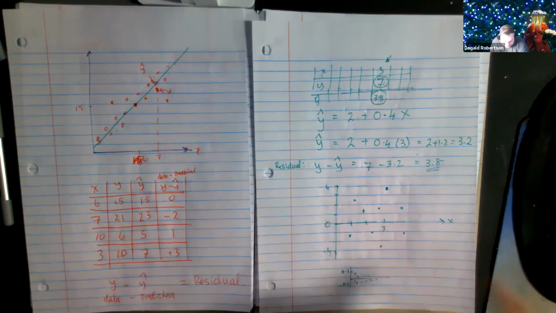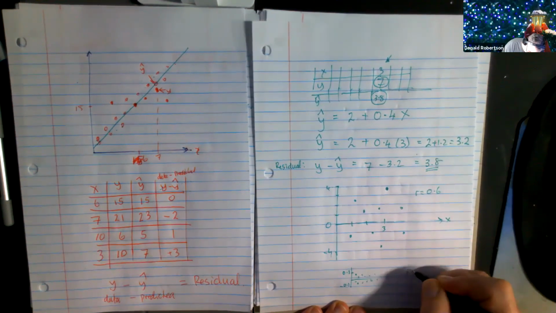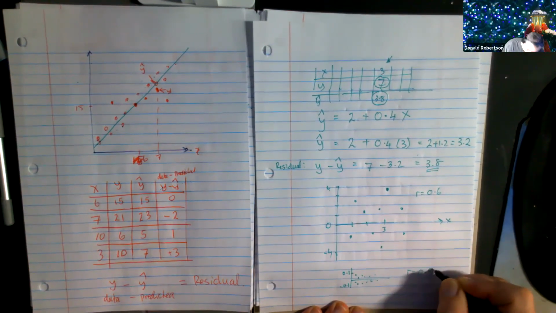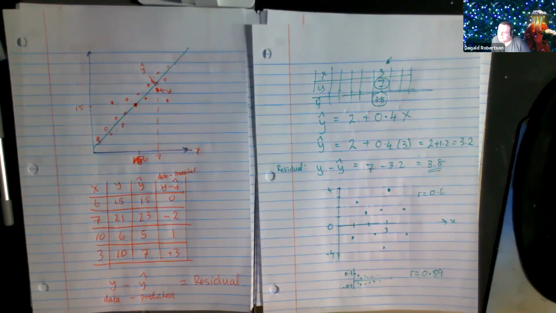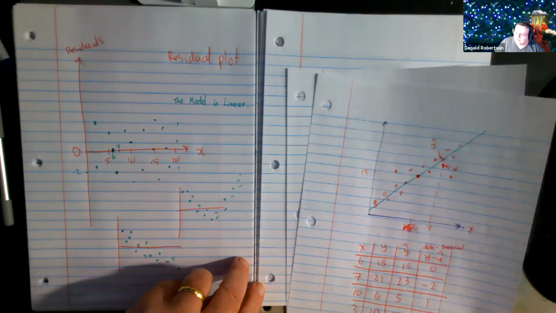Wouldn't this be, yes, it is linear, but you're very bad at predicting the right answer? So you might get this with a 0.6, and you might get this with a 0.89. Do you see the difference? Both are linear, both are residual models, but one situation may generate larger residuals than the other. And that's caused by the accuracy of the model, how good it is at fitting the data.